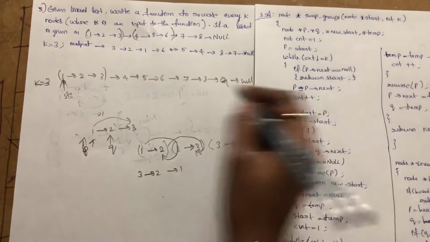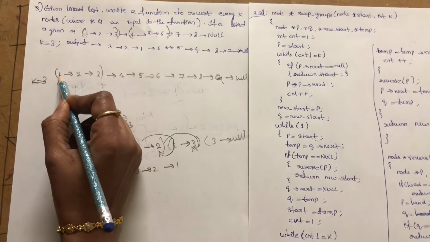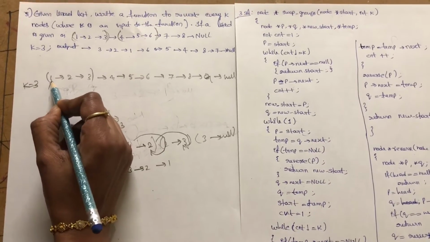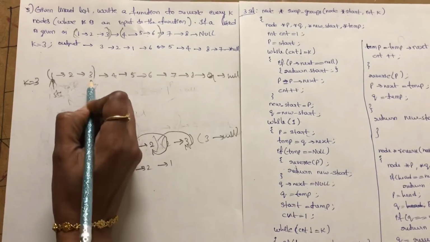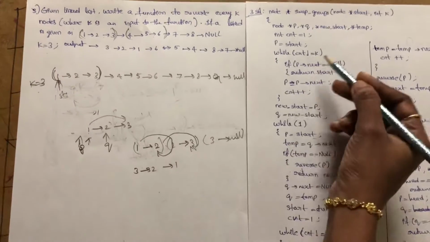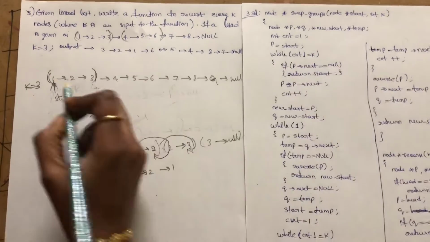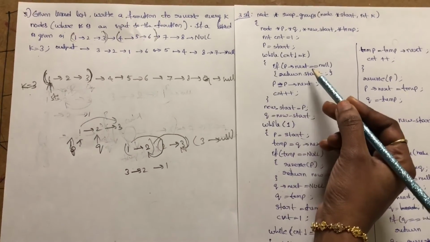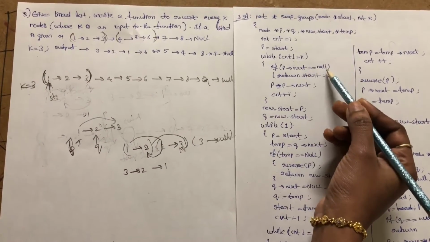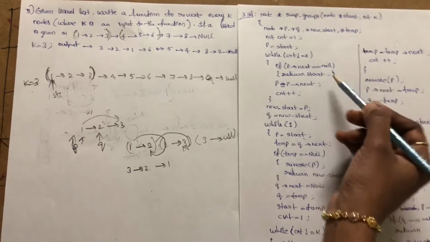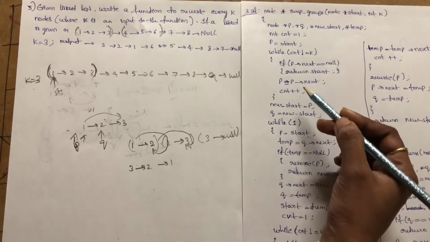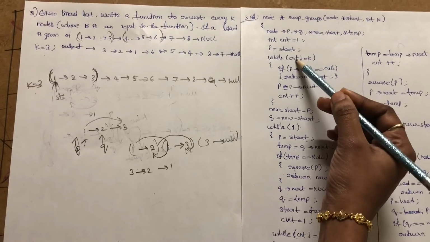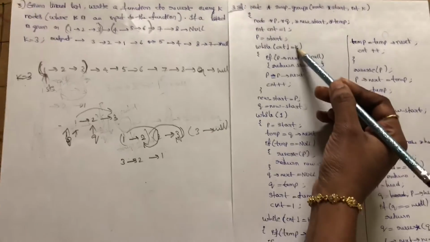In this loop, first P has to traverse from the starting point to the kth value and make a group. By using this while loop it is going to make this. If P's next is equal to null, it will just return and break out of the loop, and come out until the count is equal to 3.